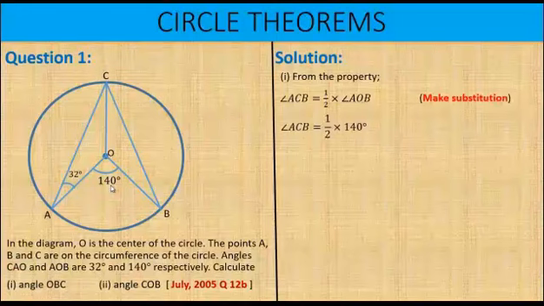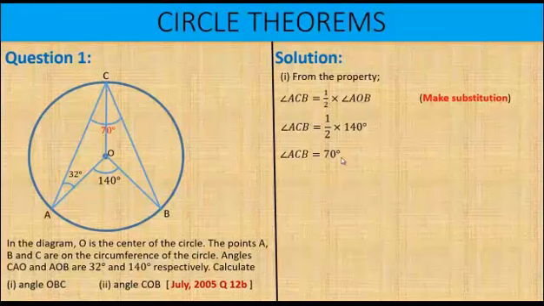By substitution, angle ACB is half times 140 degrees, which is the same as dividing 140 degrees by 2. That gives us 70 degrees, which means the angle at the circumference ACB is 70 degrees.